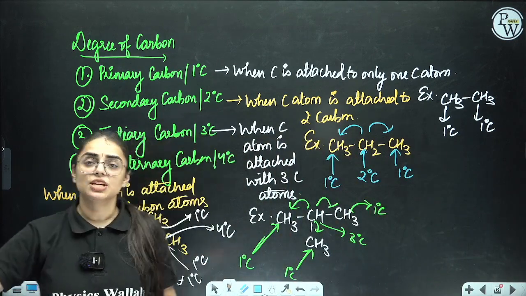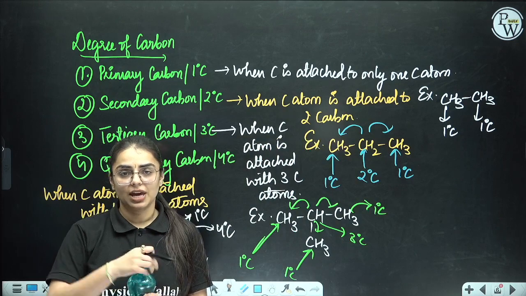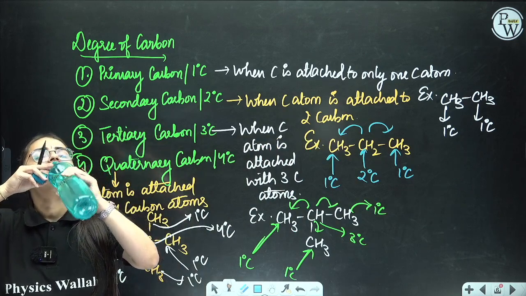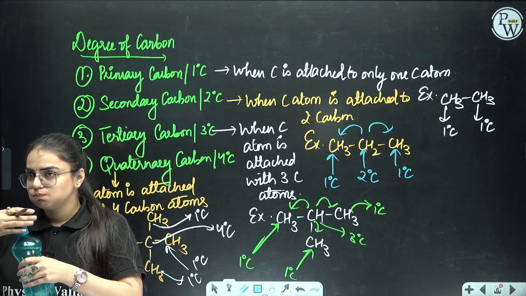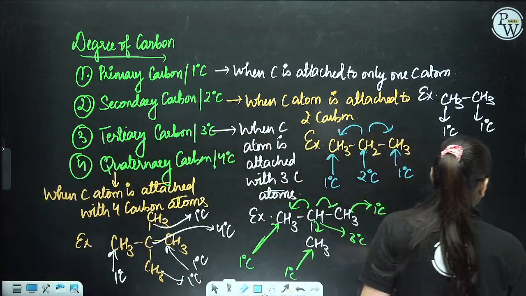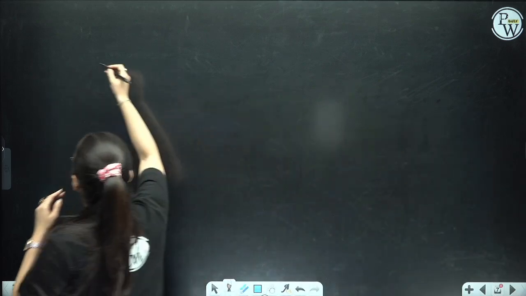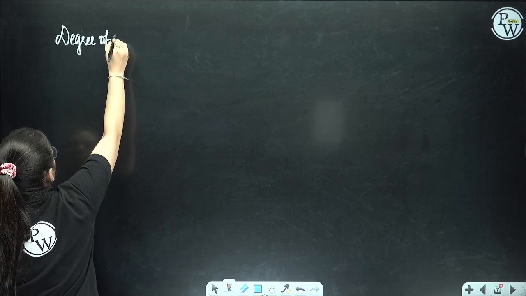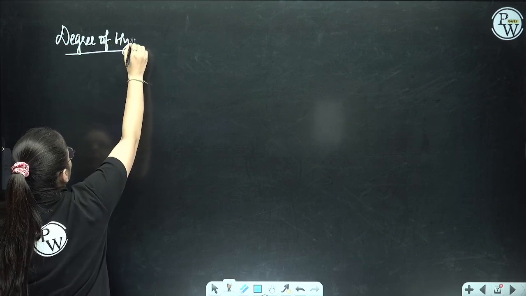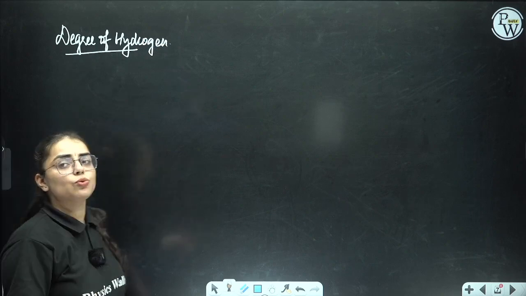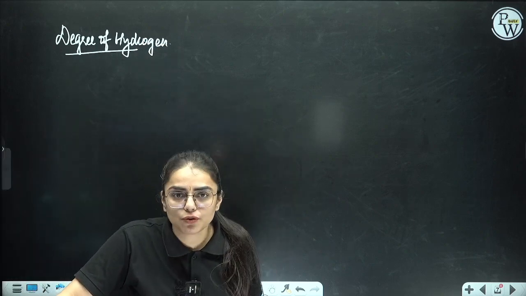Now I am going to proceed with the degrees of hydrogen over here. Okay. Starting with degree of hydrogen. See now, in the case of degree of hydrogen students, it is also classified into 3 types. It is not classified into 4 types, into 3 types.